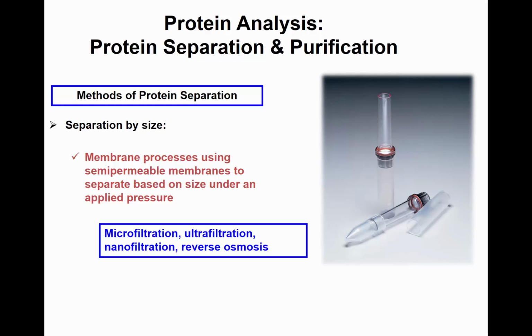So the membranes, depending on the size of the pores, can be considered a microfiltration membrane, ultrafiltration, nanofiltration, or reverse osmosis. So micro is larger obviously, then ultra, then nano, and then reverse osmosis.